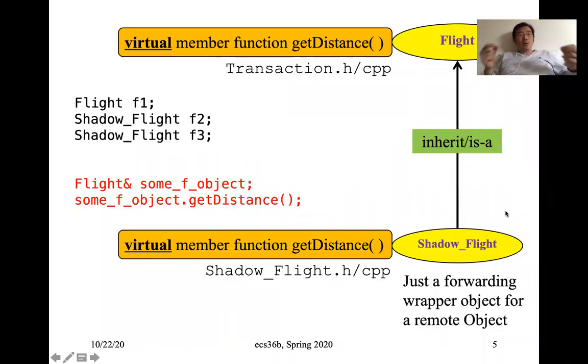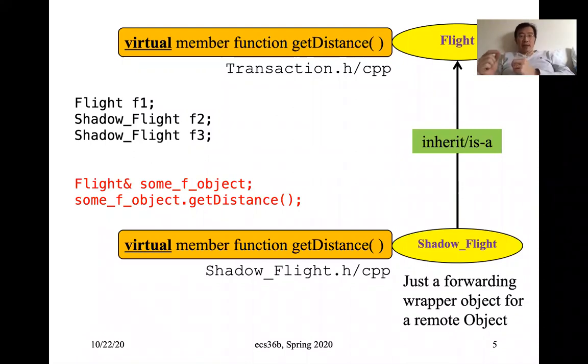It just knows where the real object might be, and therefore when you call me, I will forward it over there. So the shadow fly has the same interface as the fly, because a fly is the parent object.